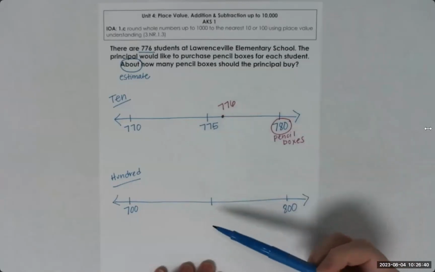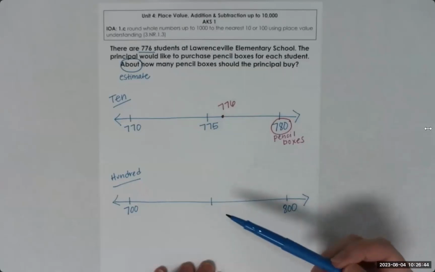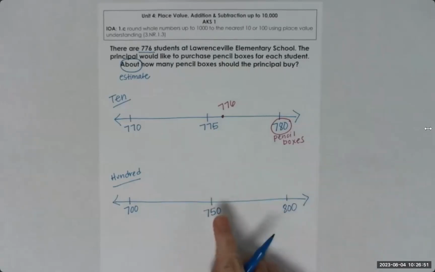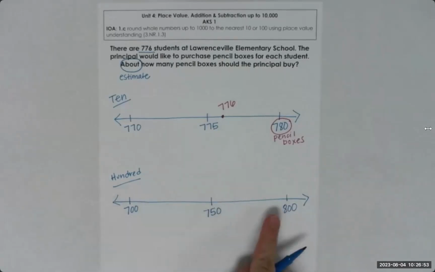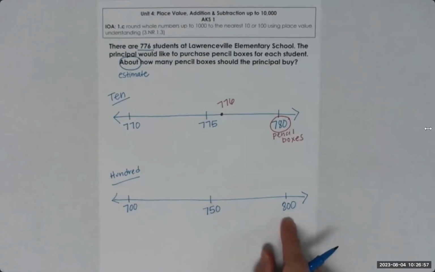So we need to remind students that when you're thinking of 100, half of 100 is 50. So our midpoint would be 750. That's our halfway mark, halfway between 700 and 800. Again, the whole reason we use this number line is to help us see what our number is closer to, to help us round.